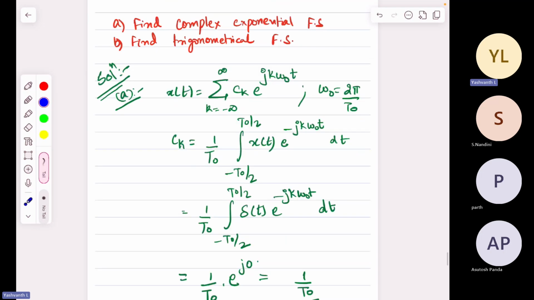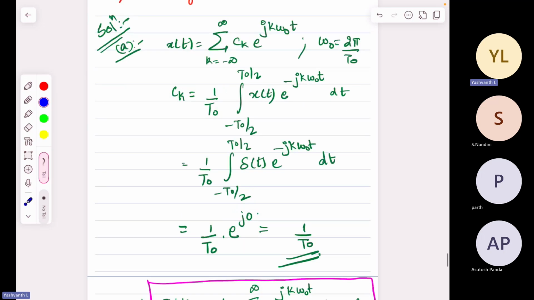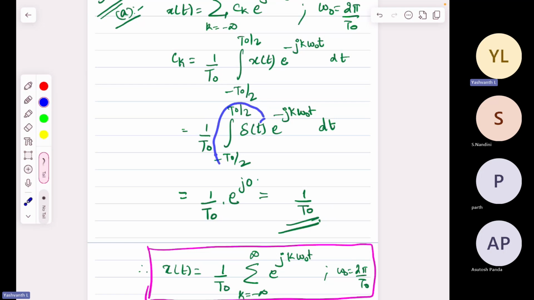But within the interval minus t naught by 2 to plus t naught by 2, I only have delta of t. I don't have the contribution from other deltas because they are 0 in this interval. So therefore, you have delta of t into e power minus j k omega naught t. But what is this? This is basically the shifting property, right?